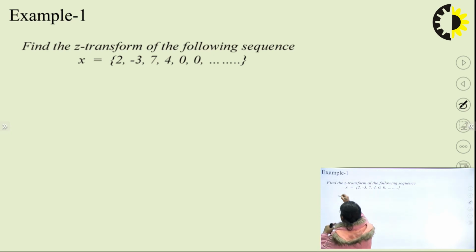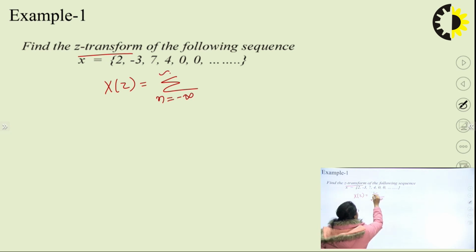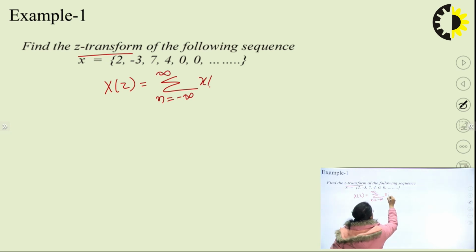In question number 1, we have to find the Z transform of the following sequence. Before starting, we should write the formula of the Z transform, which is the summation from n equals minus infinity to infinity of x(n) z to the power minus n, right?